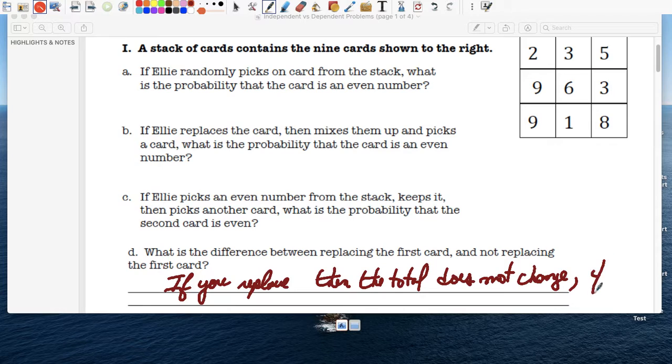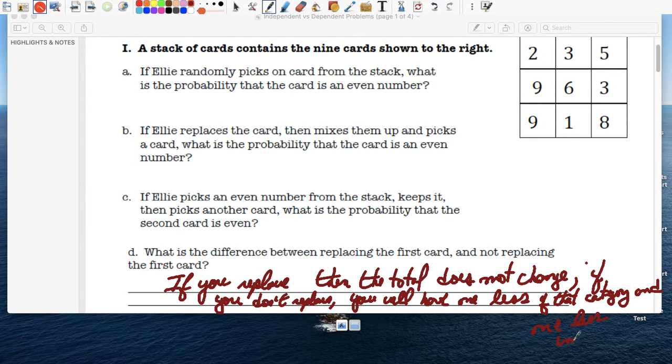And if you don't replace, then you will have one less of whatever category, the even numbers, the vowels, the consonants, one less of that category, and obviously one less in your total. Okay?